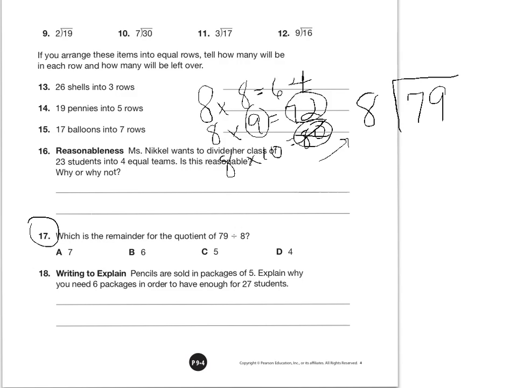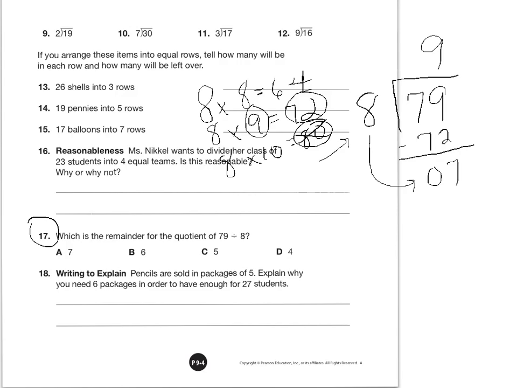So I'm going to take my 9, because 9 times 8 is 72, and write that underneath my 79. 9 minus 2 is 7. 7 minus 7 is 0. I am not going to be able to take another full 8 from 7.